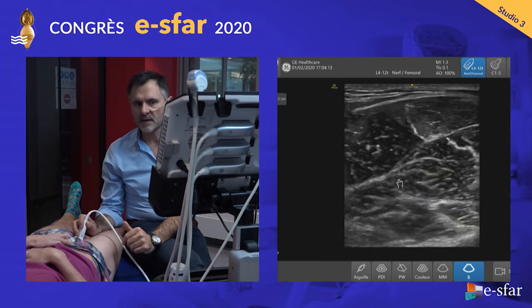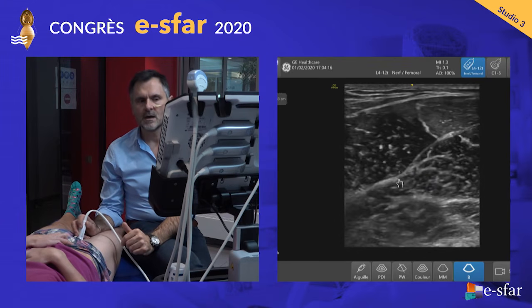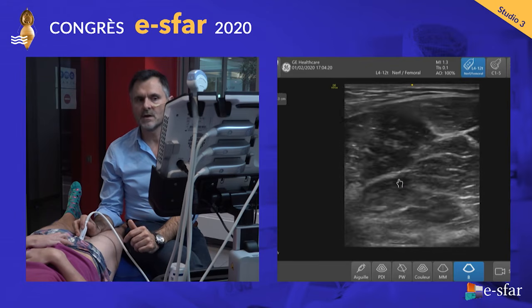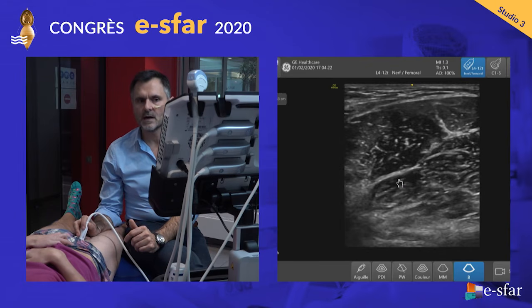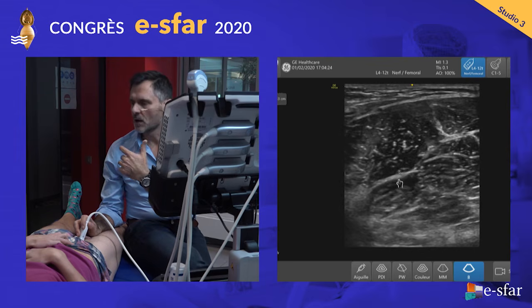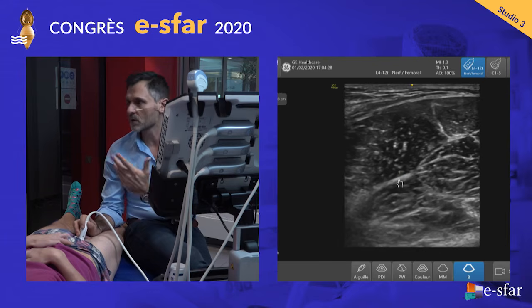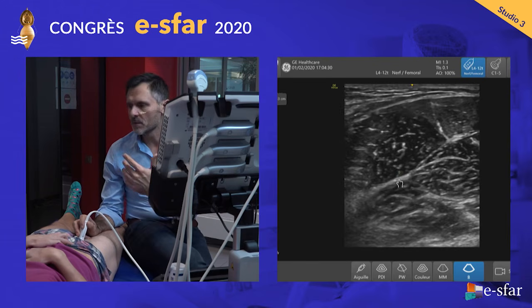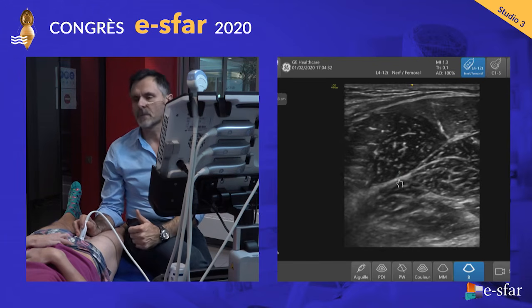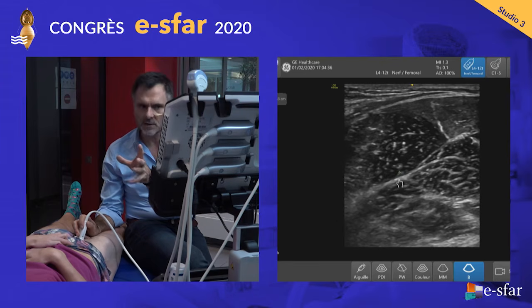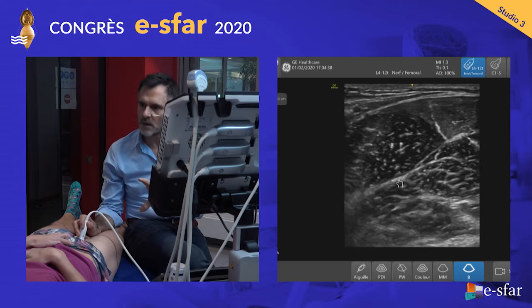In some cadaveric studies, they found that injecting 15 milliliters below the pectineus muscle here induces a diffusion of local anesthetic to the obturator foramen in 100%, and probably leads to anesthetizing all the branches of the obturator nerve, including the branches to the hip.